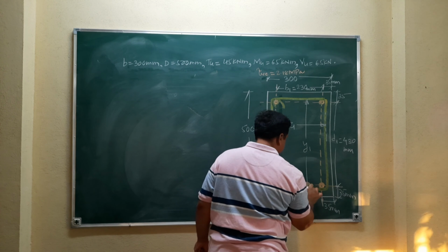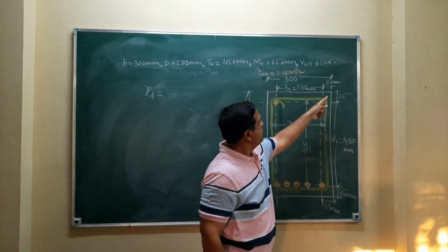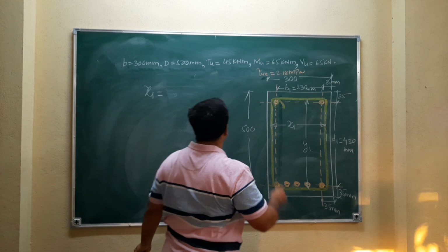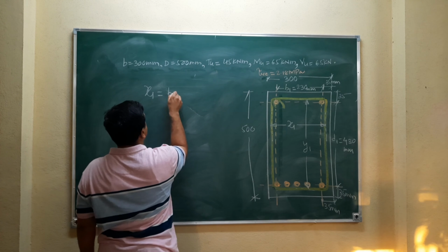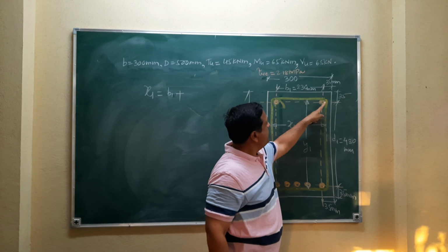How to find out x1? We know b1, plus half of this bar diameter and half of this bar diameter.